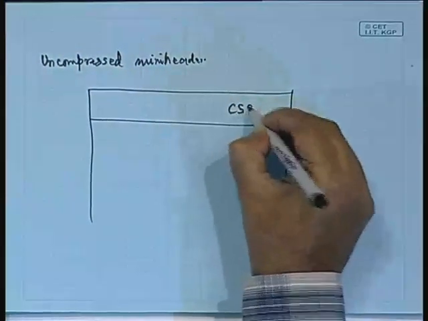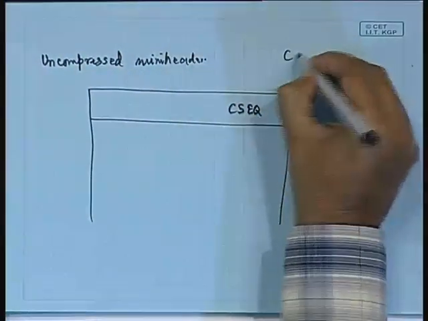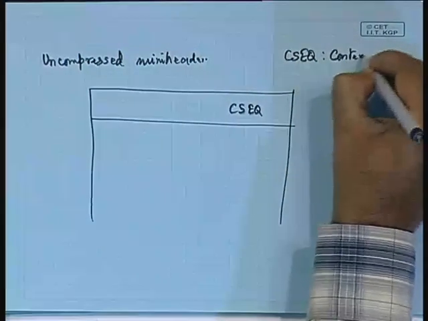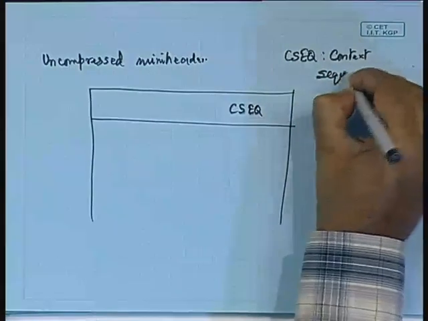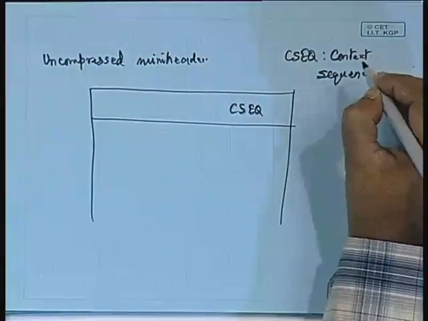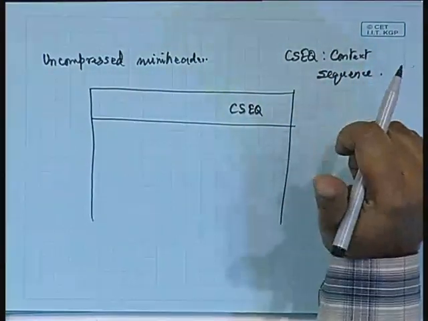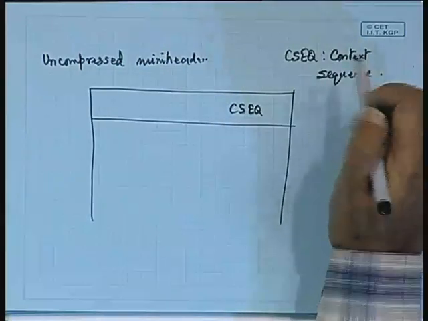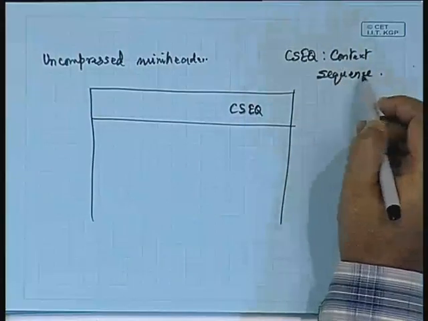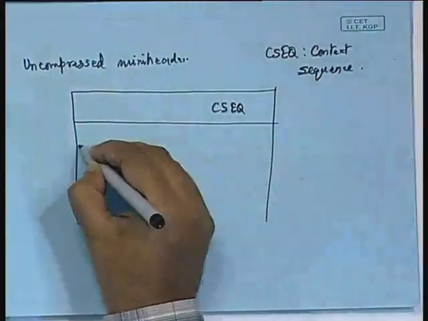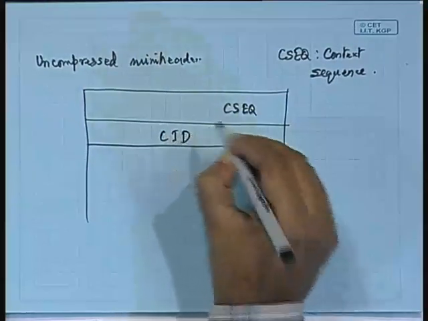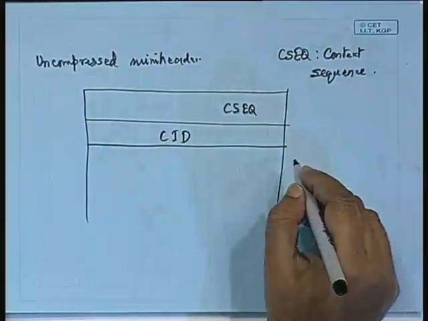In the case of the uncompressed mini header, we will have the sequence number. This is the context sequence, CSEQ, which gets updated with every packet. Then there will be the CID, the context identifier which I said just now.